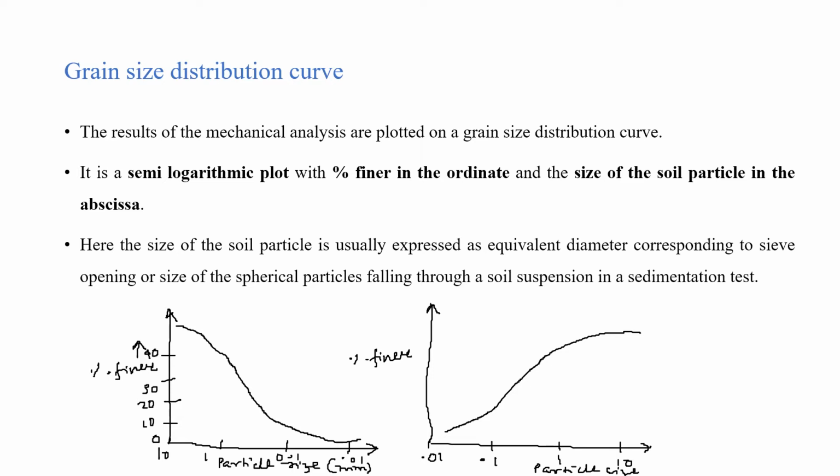Now the question comes: why a semi-logarithmic plot? This may be justified since, when we are doing a grain size analysis of a soil sample, the particles range from coarse to fine, and there is a large range of particle sizes. In order to represent this range of particles well in the graph, a semi-logarithmic plot is more suitable.